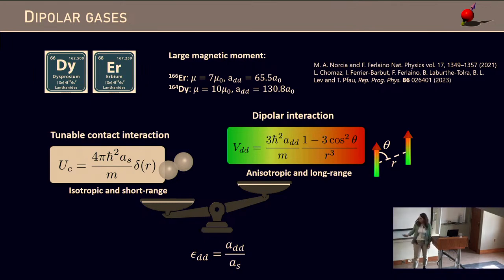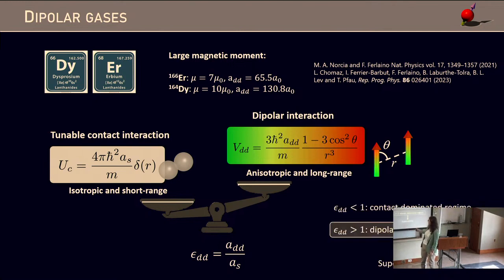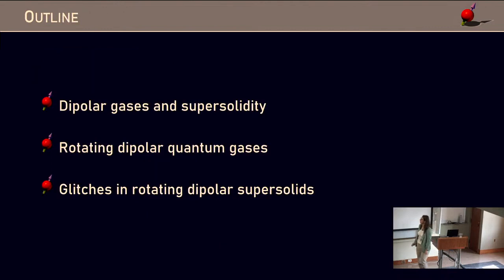And so we can work in different regimes that could be contact-dominated or dipolar-dominated. In particular, the dipolar-dominated regime is the regime in which we can access the supersolid phase of matter.